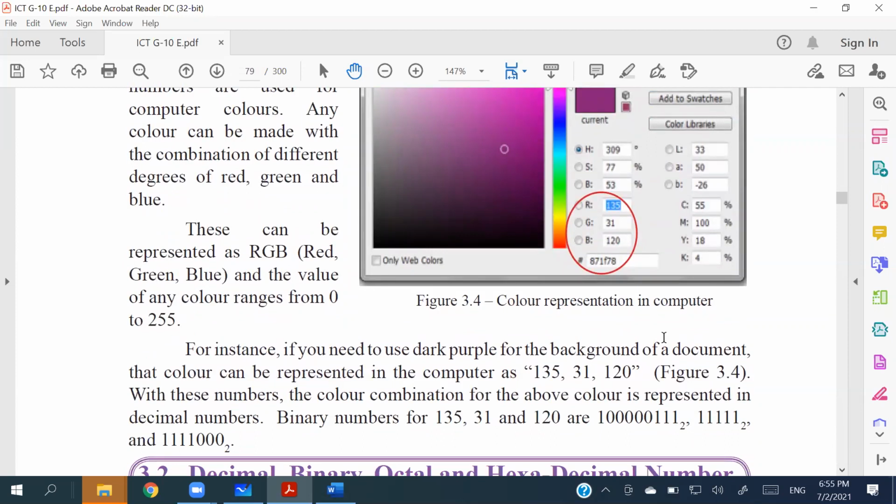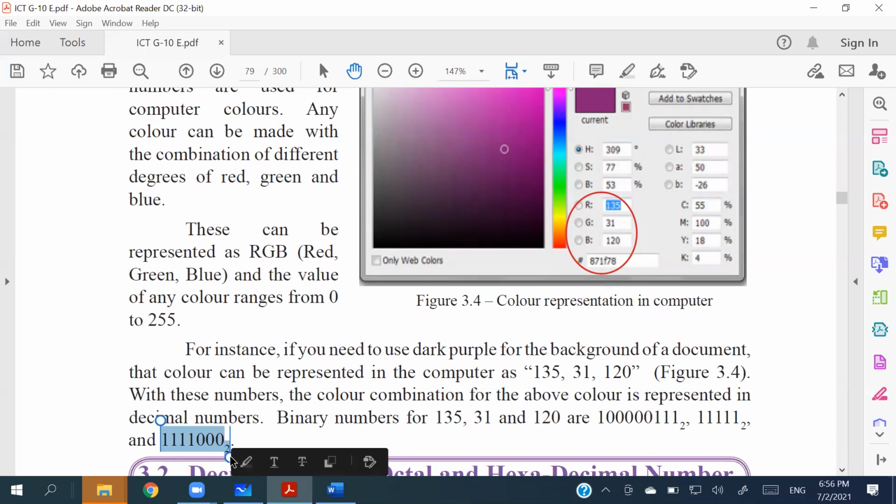For the moment, 135 represents this particular binary number, 31 is represented by this particular binary number, and 120 is represented by this particular binary number. Now if we were to represent a binary value over here, it would be harder for us.